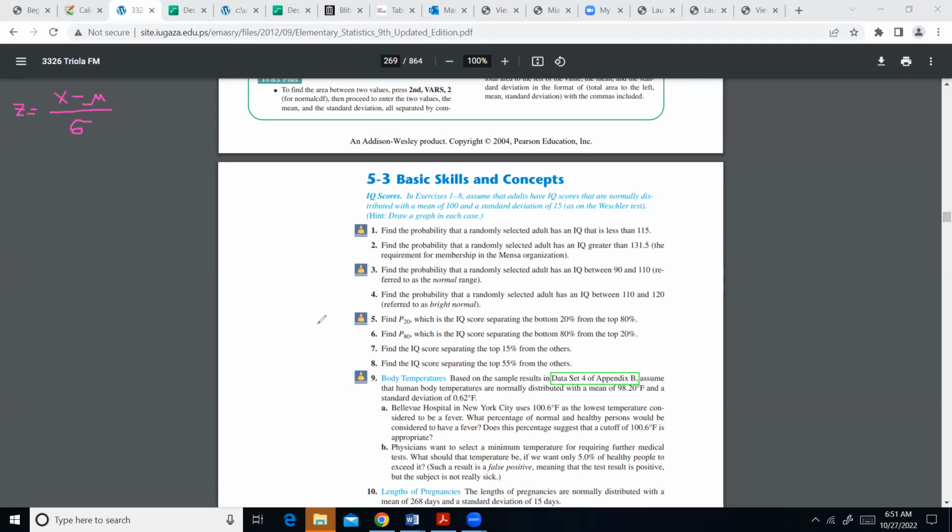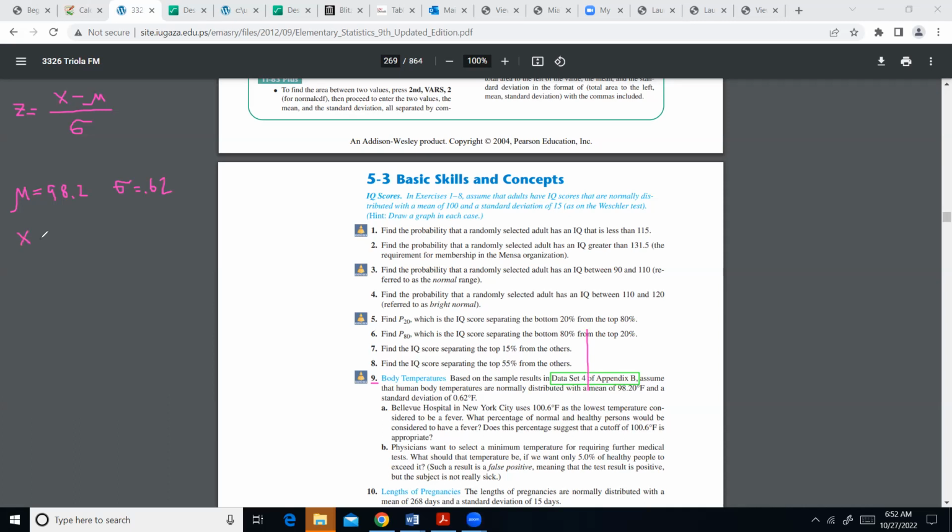So in problem 9, we had mean equal to 98.2. Standard deviation was 0.62. And I also created the value of x for you.